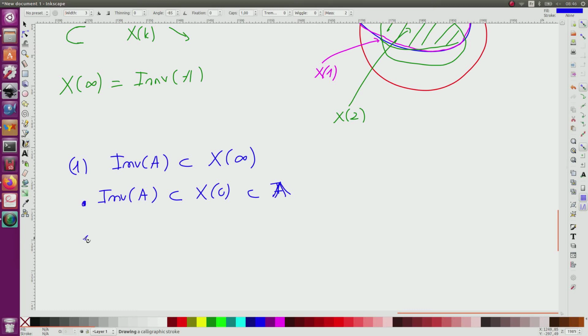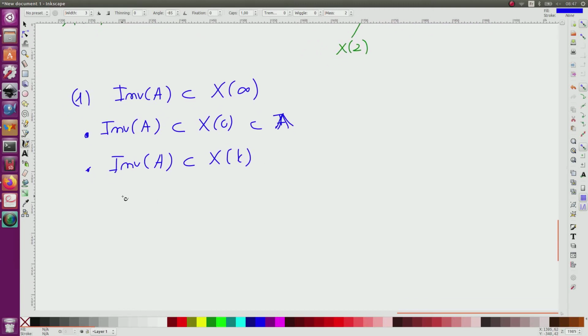Now, I assume that invariant of A is included in x of k, and I will show that it is true for k plus 1.